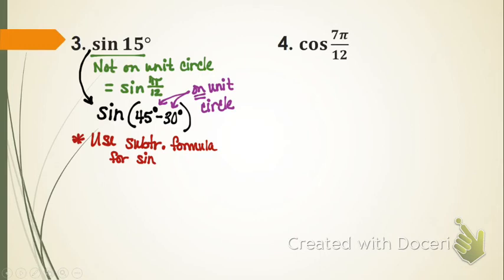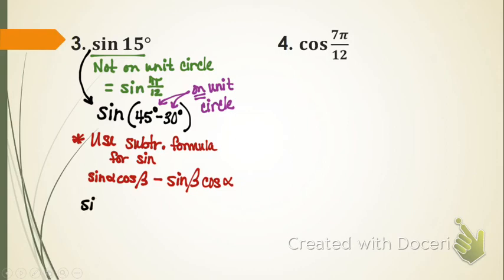When you look at the two formulas, the addition and the subtraction formula for sine, they're almost identical, right? It's sine of the first angle, cosine of the second angle, sine of the second angle, cosine of the first angle. For the subtraction formula for sine, what goes in between them? Subtraction. So it's going to be sine of alpha cosine of beta minus sine of the other one cosine of the first one.